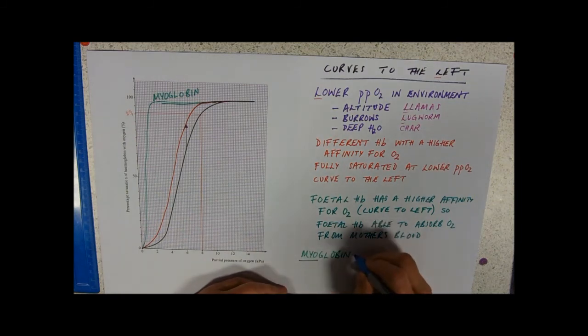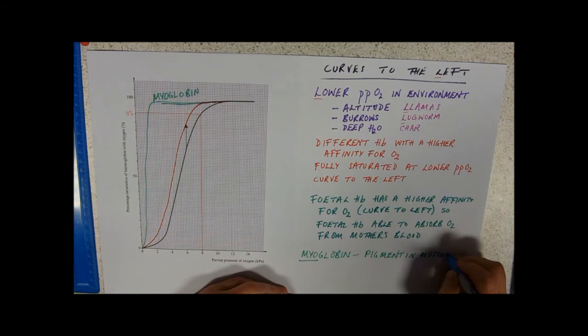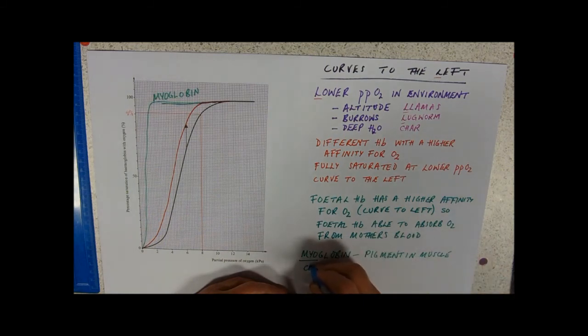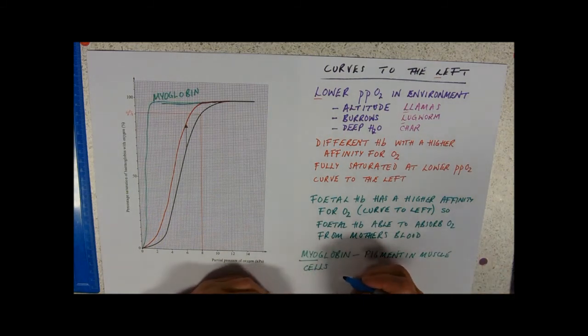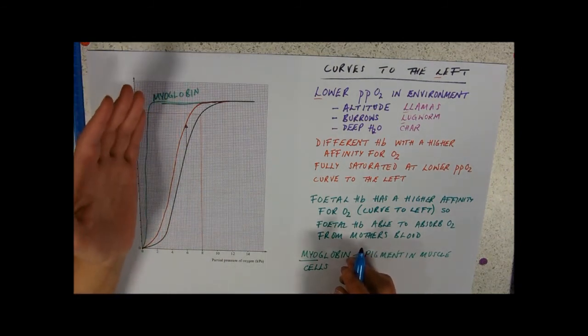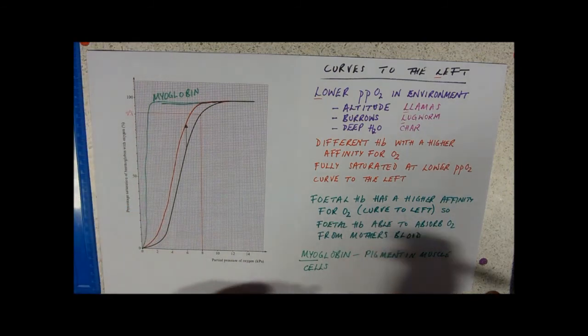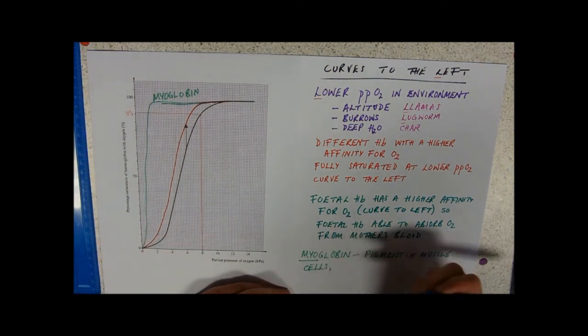Myo means muscle. So this is a pigment in muscle cells. It quite often crops up as contextual things, because you should be able to work it out from the fact that it is so far over to the left and that it's completely flat over to here. But I'm going to tell you anyway.